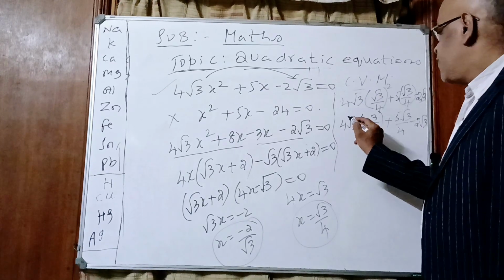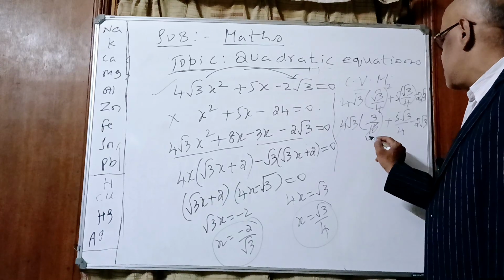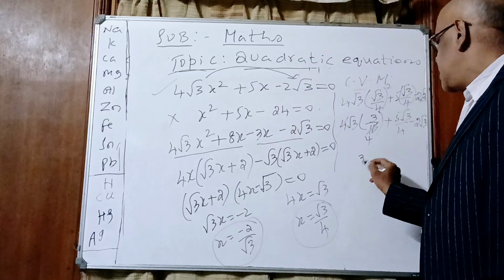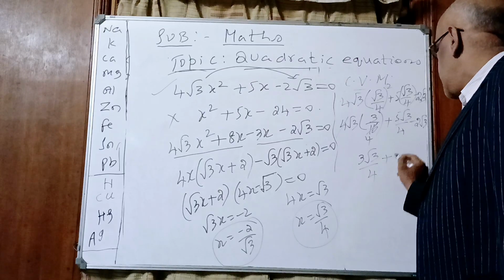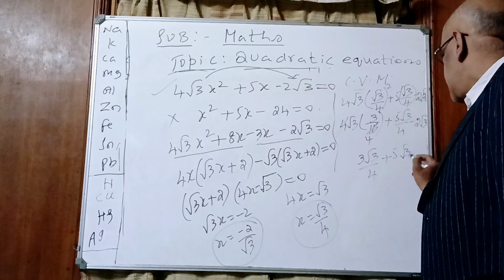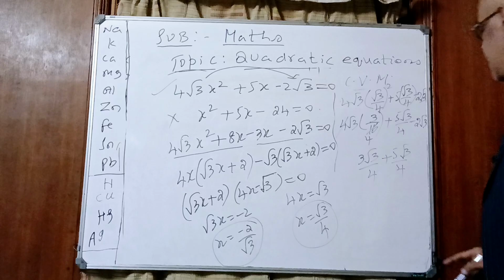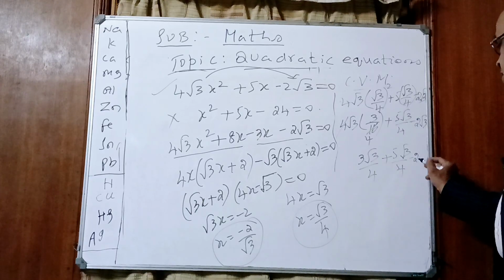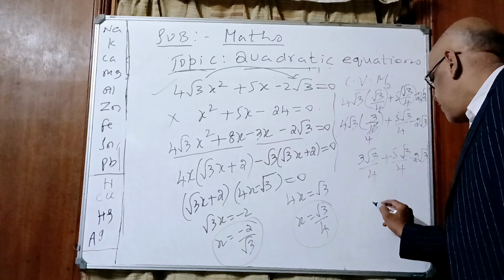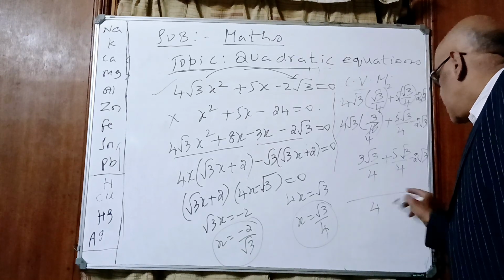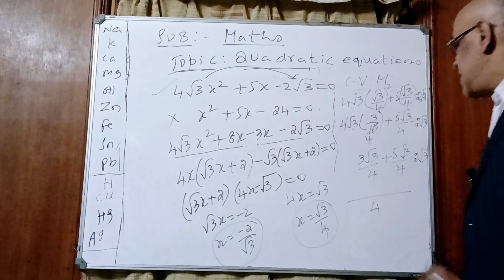4 ones are 4, 4 fours are 16. What do we get, children? 3 root 3 by 4 plus 5 root 3 by 4 minus 2 root 3. Do it slowly. What is the LCM here, children? 4. Numerator will remain as it is, denominator also.